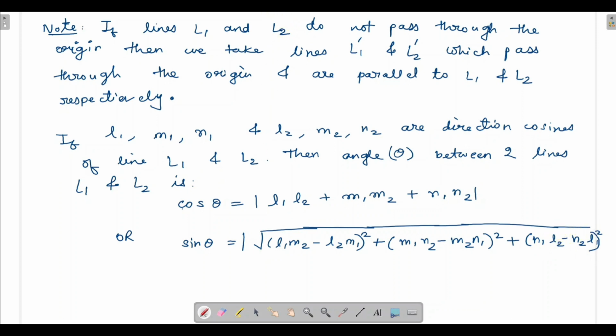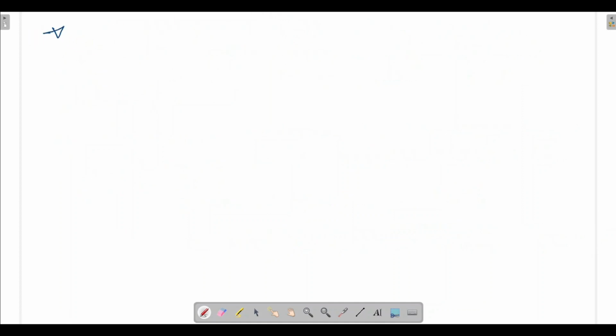Now let us go to next main note here. So now here we have to take two lines with the direction ratios.